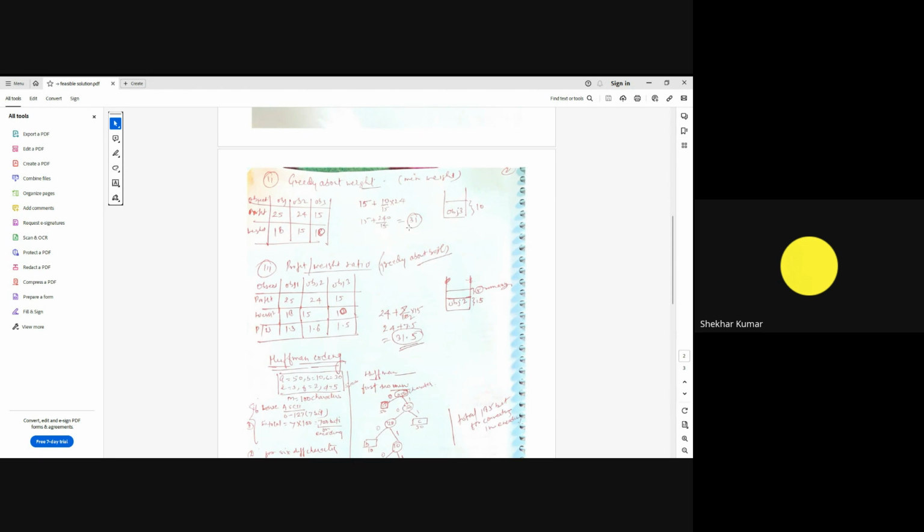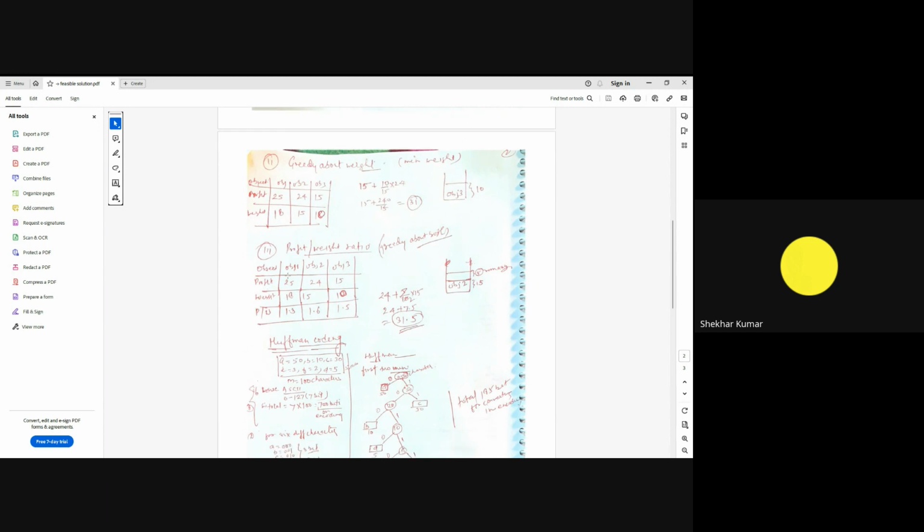In the greedy approach, we calculate the ratio of profit and weight, and accordingly we select the items on the ratio of profit and weight. After calculating the ratio, you will find out the maximum profit. In the third case, the objects, the profits and the weights are the same.